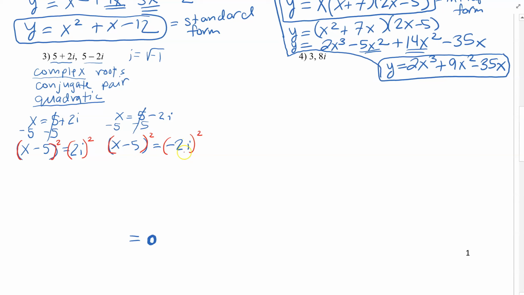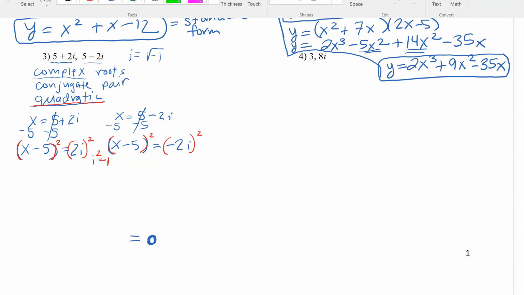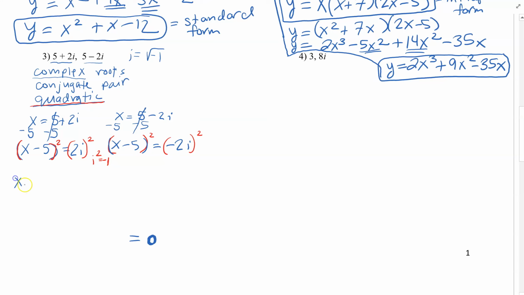The reason for that is because 1, I know that I'm looking for a quadratic factor, but 2, because then that will turn this imaginary number into a rational number, because i squared by definition is -1. -1 is a rational number. So then what I'm going to end up with is x minus 5 times x minus 5 equals, and then 2 squared is 4, and i squared is -1. So that's what I end up with over here.